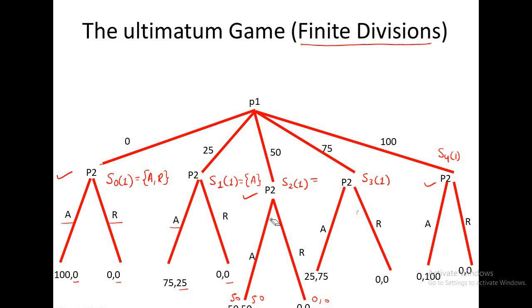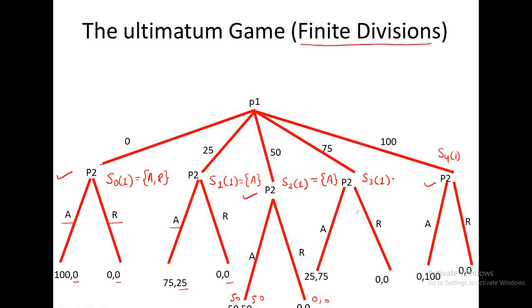Now we will solve S21. Here again we have two actions available, accept or reject. If he accepts the offer, then player 2 will get 50. If P2 rejects the offer, then he will get 0. Which one is best? The 50 is best, means accept. So again the output of this is accept.